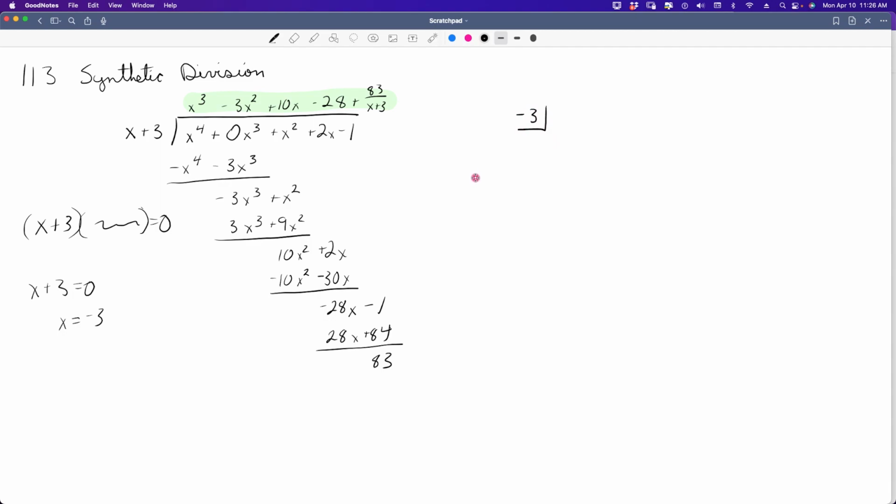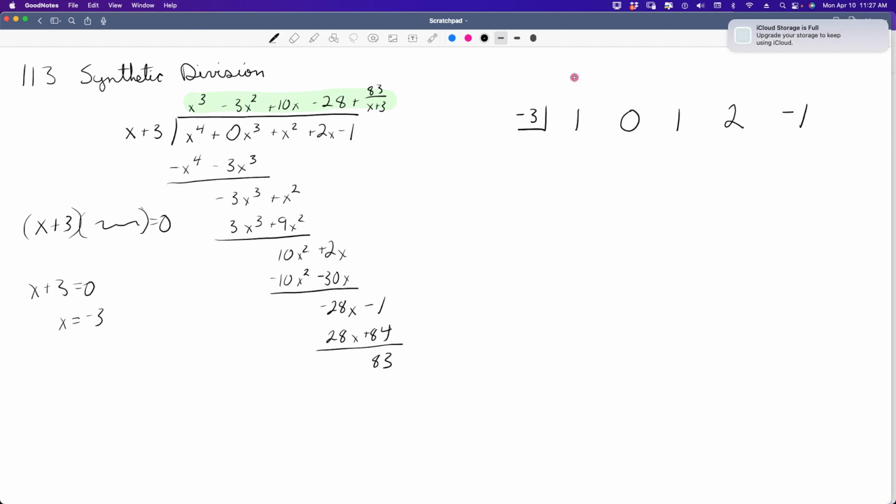And then we're going to take the coefficient of every term within this dividend, and we are going to write our coefficients here. So we have a coefficient of 1, a coefficient of 0, a coefficient of 1, a coefficient of 2, and then we have a coefficient of 1. How is that a coefficient?